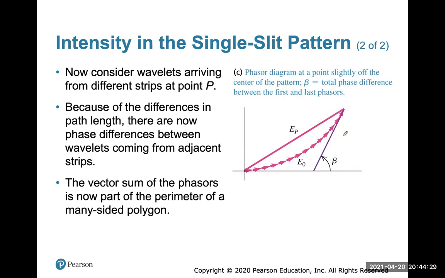All together, the net phase difference between the original direction, just to the right, the original phase, and the final phase of the very last Huygens wavelet with the largest phase difference, because it also has the largest path difference.